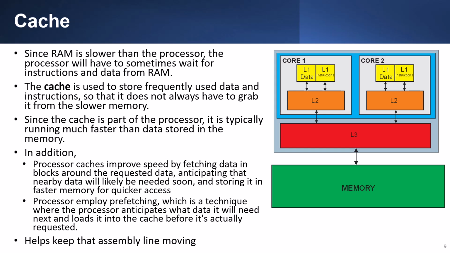In addition, processor cache improves speed by fetching data in blocks around the requested data, anticipating that nearby data will likely be needed soon, and storing it in a faster memory for quicker access. The processor also employs prefetching, which is a technique where the processor anticipates what data it will need next and loads it into the cache before it is actually requested. Essentially, the processor cache helps keep the assembly line moving.